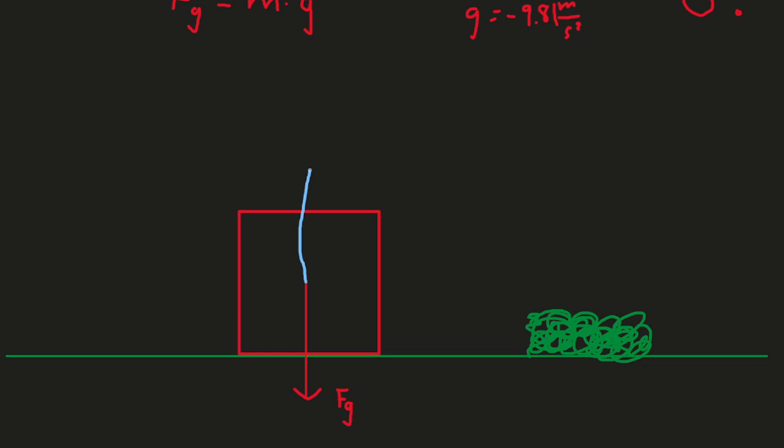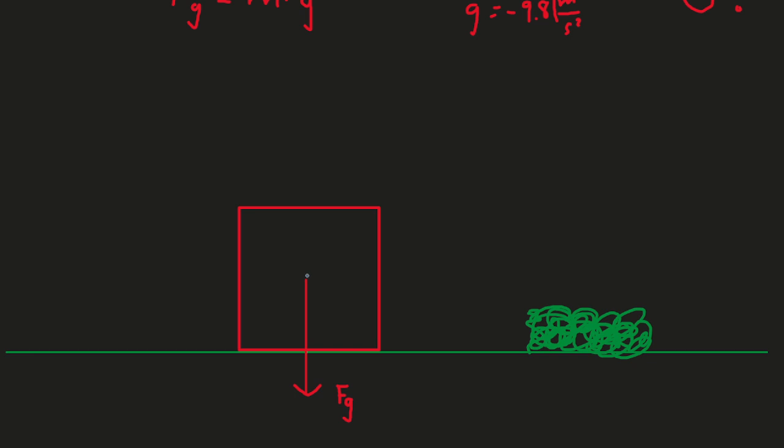So the normal force is what keeps the object from accelerating, and it's not always equal to the force of gravity. But in this case, since we know the object is not accelerating at all, there's a normal force acting on the object by the ground.